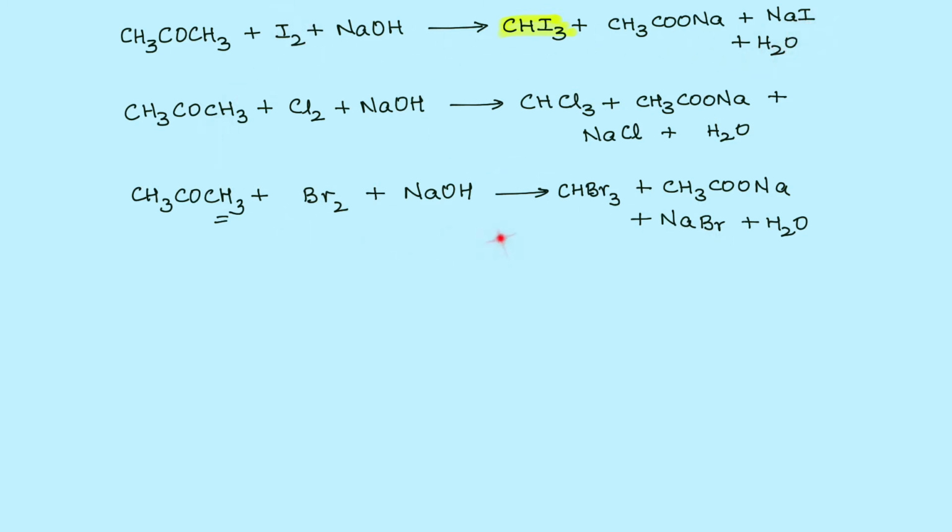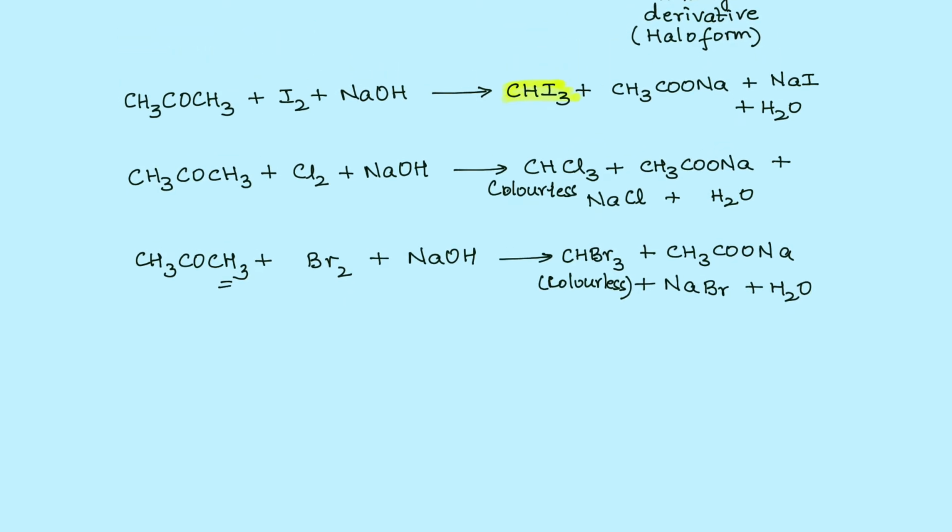Look at these reactions. Chloroform is colorless, right? It's got a strong odor, but it is colorless. Same way, bromoform is also colorless. But look at iodoform. I have marked it with a yellow color as a constant reminder that it is a yellow precipitate.